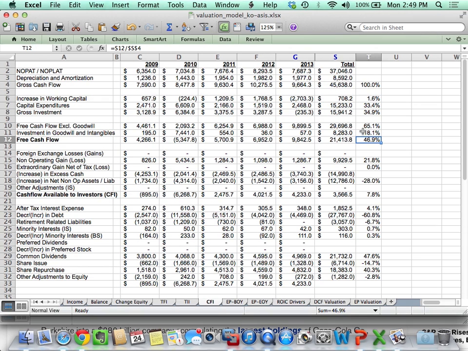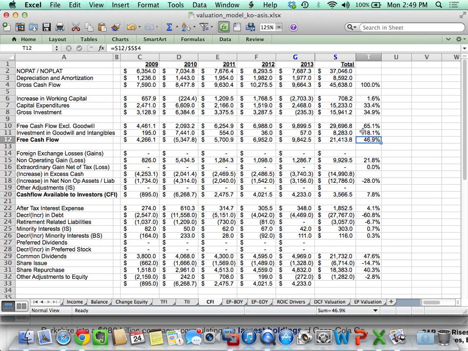If 47% is the payout rate, then the investment rate must be 53%. So one of the things we can quickly infer is that Coke is reinvesting approximately 53% of its profits. That's going to be important as we think about sustainable growth and projecting out free cash flow on a go-forward basis. It's about a half-half strategy, about half reinvestment, half payout.